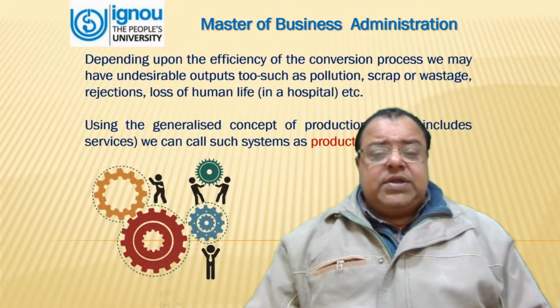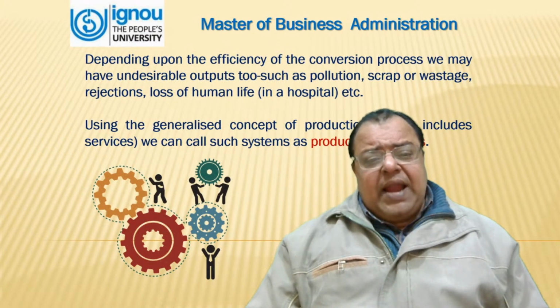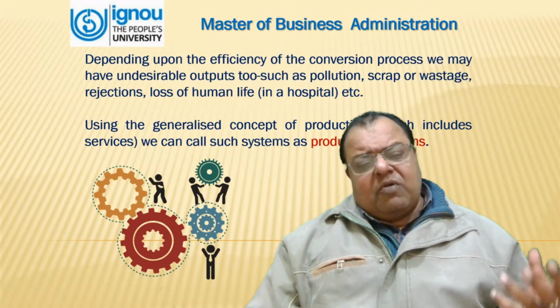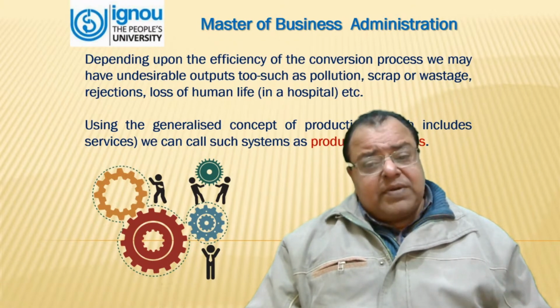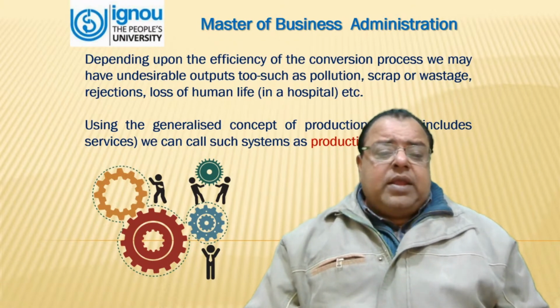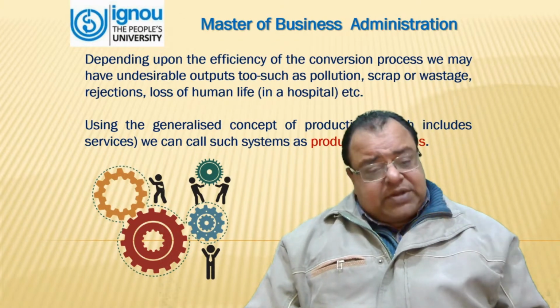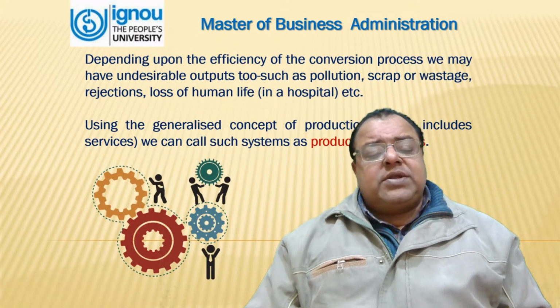Depending upon the efficiency of the conversion process, we may have undesirable outputs too, such as pollution, scrap or wastage, rejections, loss of human life in a hospital, etc. Using the generalized concept of production, which includes services, we can call such a system a production system.